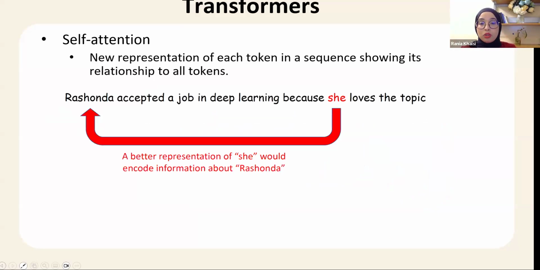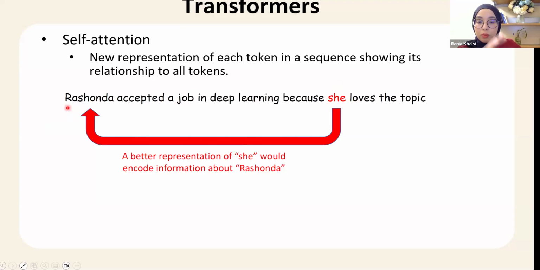So what we will do next, now we finally plot the self-attention results. So here is the final plot, and we observe that the token "she" in this case produces a better representation for encoding the meaning of the name Rashanda in this sentence.